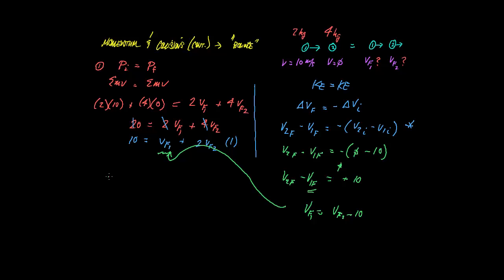This equation becomes 10 equals, I sub in what I just had, v final 2 minus 10 plus 2 v final 2. Adding them together, I get 20 equals 3 v final 2. That tells me v final 2 is 20 over 3, which is 6.7 meters per second.